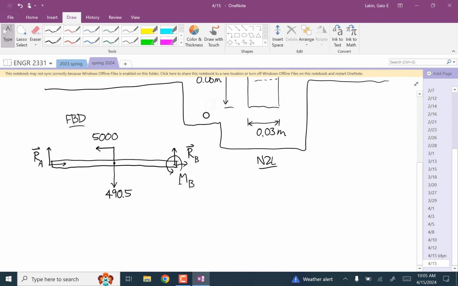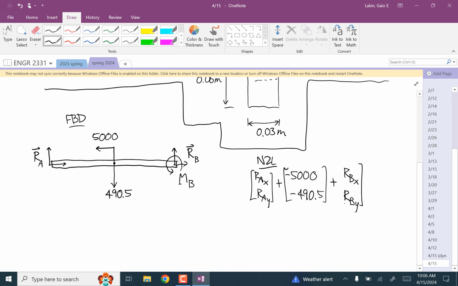So Newton's second law says RAX, RAY plus negative 5,000, I'll just lump the weight in there, 490.5, plus RBX, RBY is equal to zero.